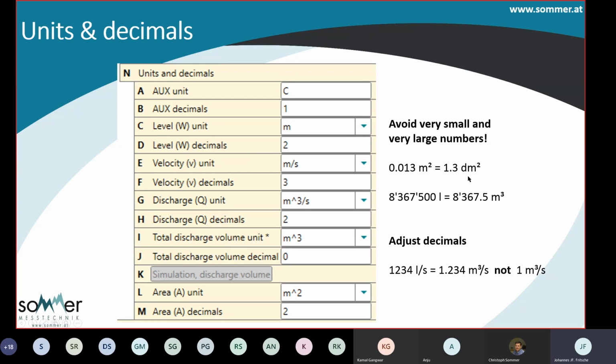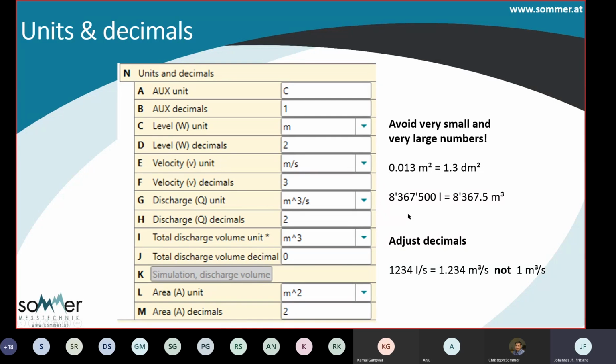The same also for very large numbers, and especially we're looking here at the total discharge volume. If you have a total discharge of roughly 8,000 cubic meters, you should select the unit in cubic meters and not in liters.